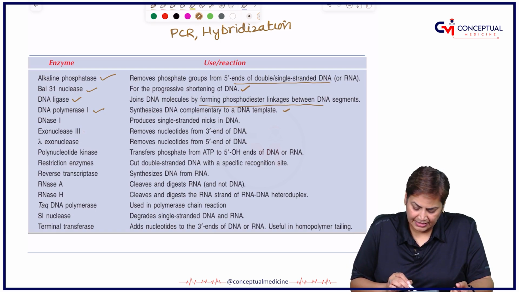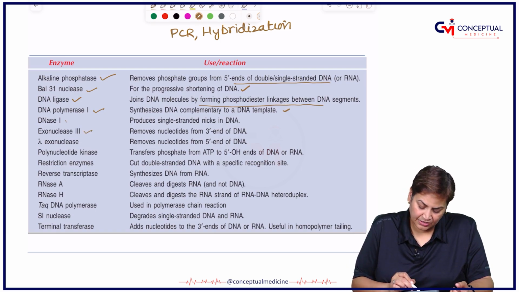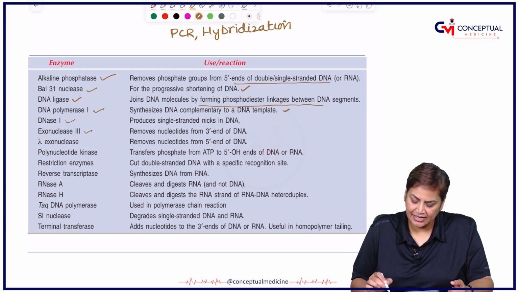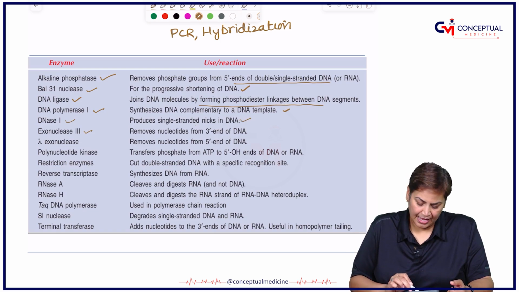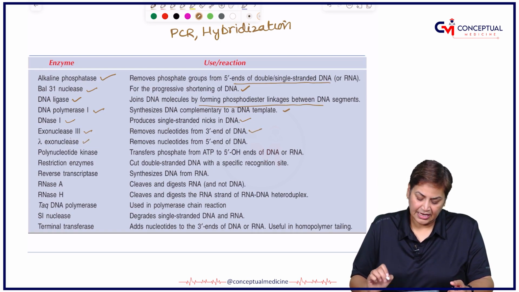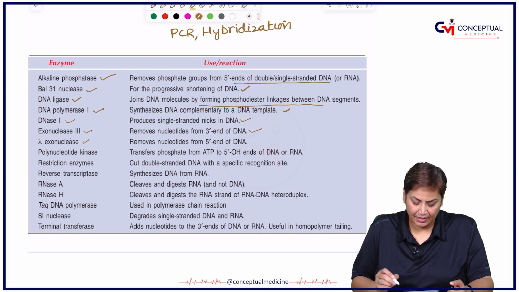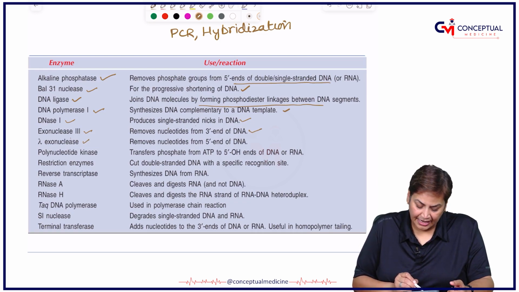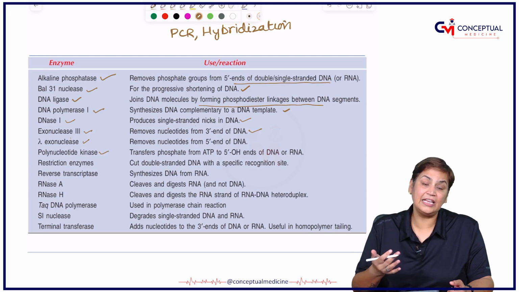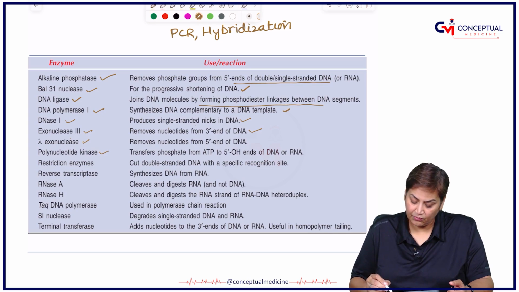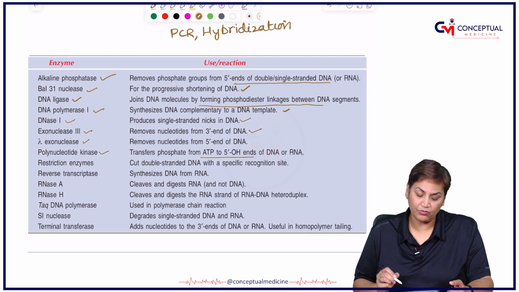Then DNase 1 produces single-stranded nicks in DNA. Exonuclease 3 removes nucleotides from the 3' end, then exonuclease from the 5' end. Polynucleotide kinase transfers the phosphate group from ATP to the 5' end.